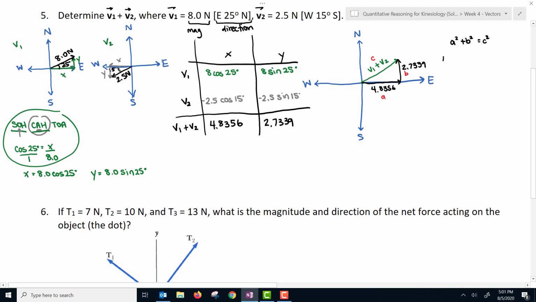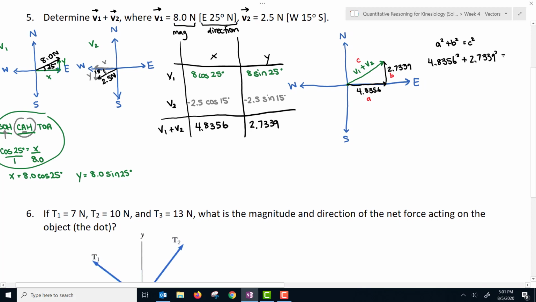So I have 4.8356 squared plus 2.7339 squared equals c squared. I'll leave this labeled as c instead of writing v1 plus v2 because that'll look a bit messy.